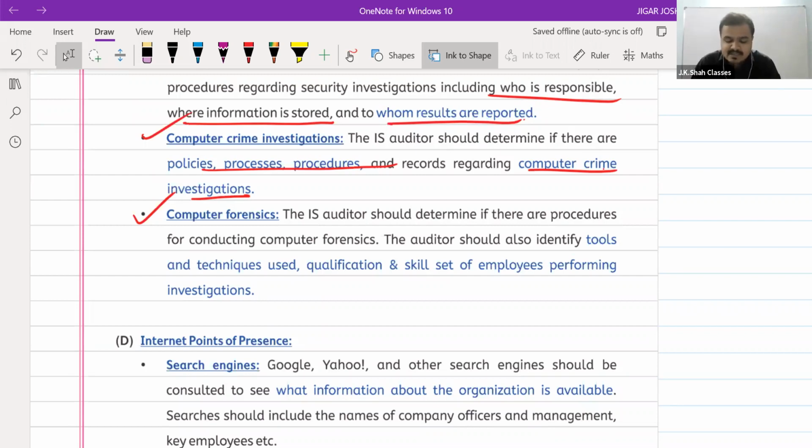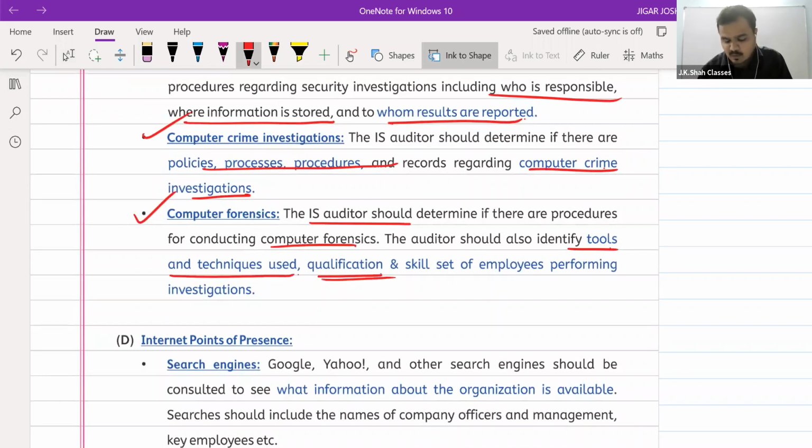Sir, computer forensics is nothing but our IT team or IS auditor should determine whether we have a proper forensic team or not. If yes, what kind of tools and techniques they are using, what is their qualification, and what skill sets they have. Am I very clear to all my dear chartered accountants? Say yes or no. 100% yes. Are you sure? Yes. Okay.